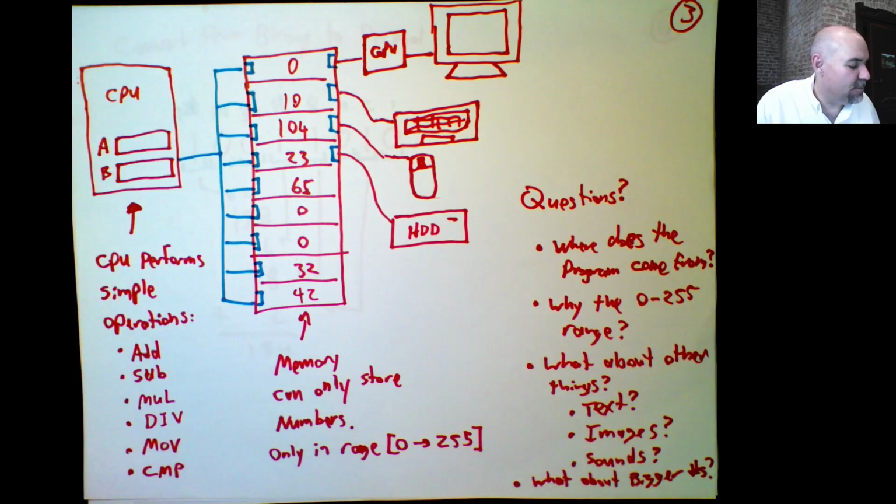We have 9 memory cells drawn here. But inside a computer system like your laptop or a gaming desktop, there are a lot more than that. In fact, there are billions of memory cells inside your computer that can each store a number. So there are a lot of places to store complicated data.